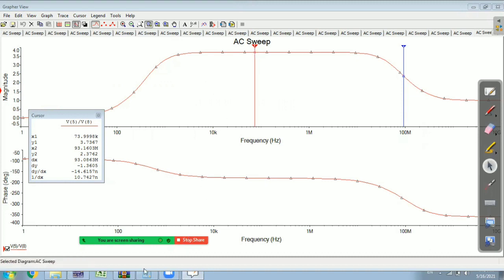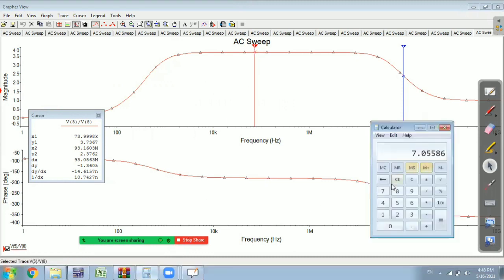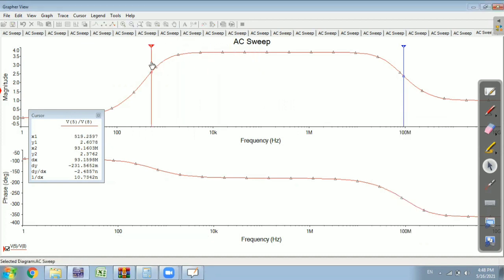For calculating the 3 dB gain, I will take 3.73, my mid gain, into 0.707. 0.707 is nothing but 1 by root 2. It is 2.63. Place both the cursors at 2.63.